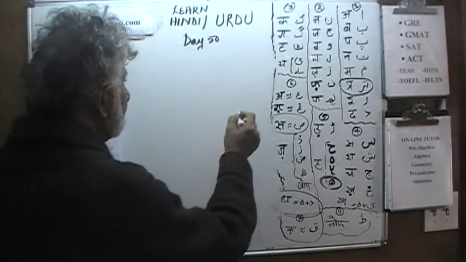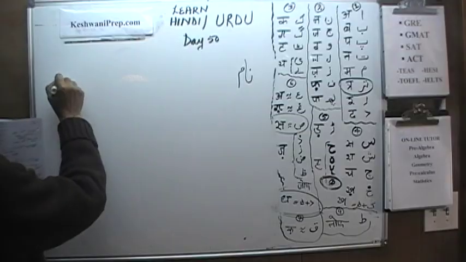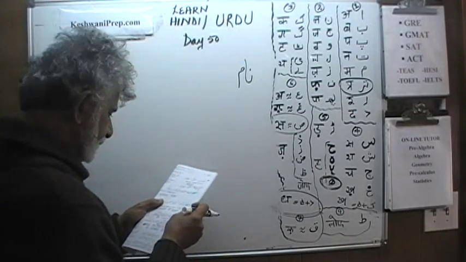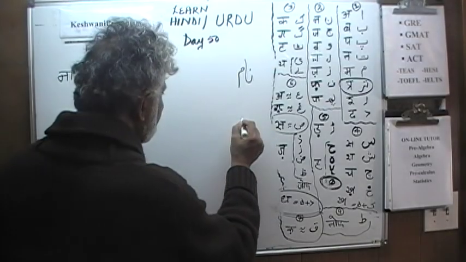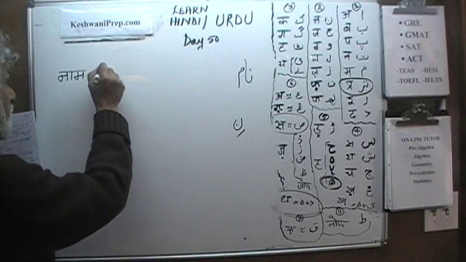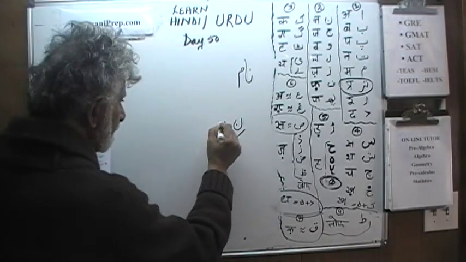नाम निकलेगा. नाम, that's very straightforward. निकले would be noon with छोटी की मात्रा. न with छोटी की मात्रा, नी, क.